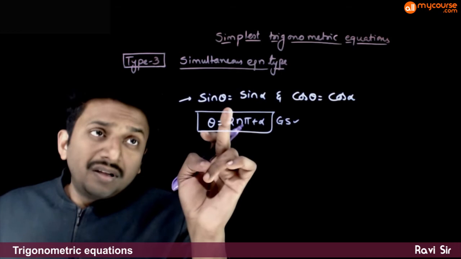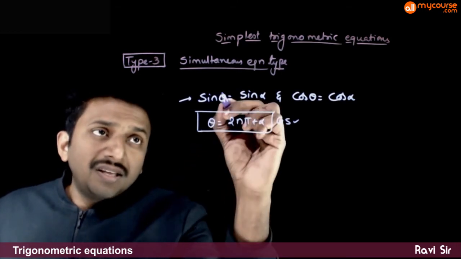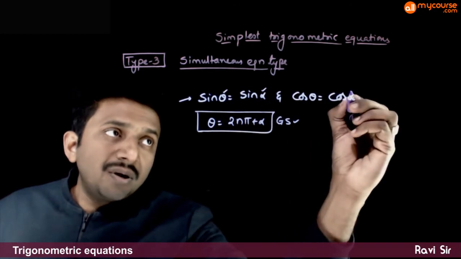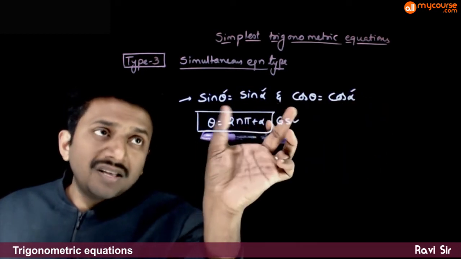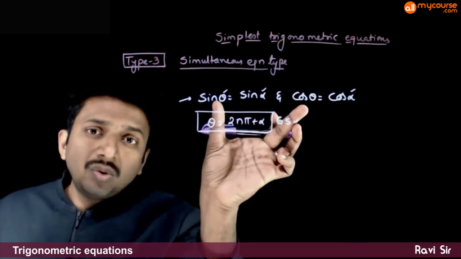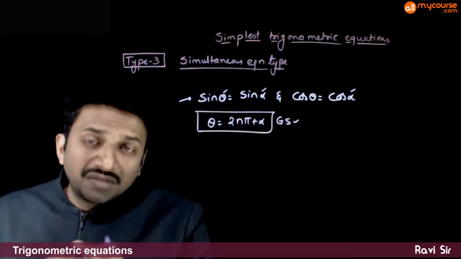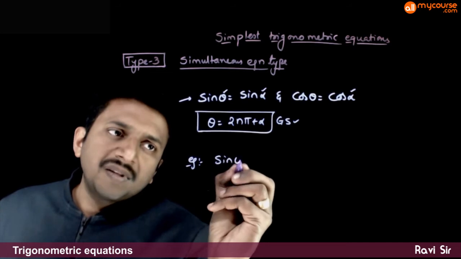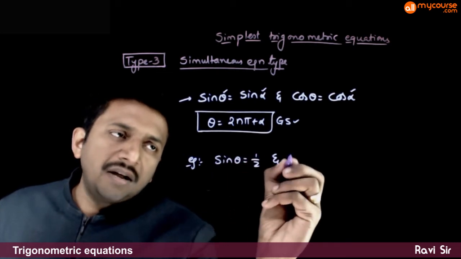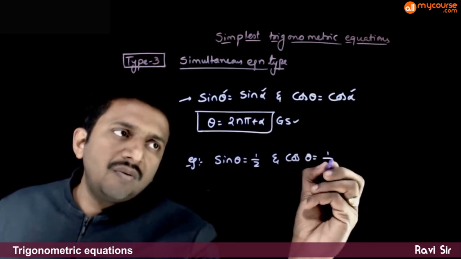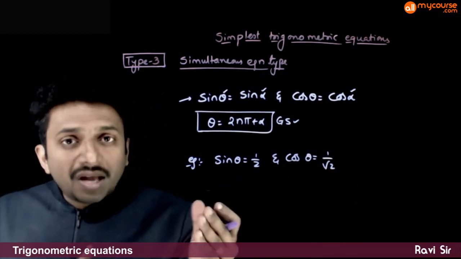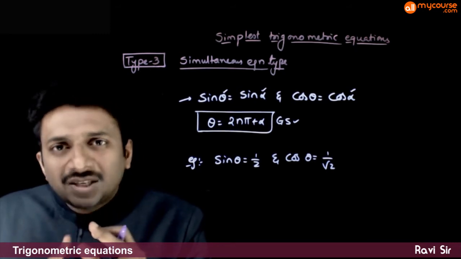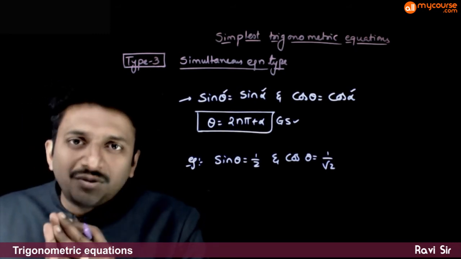Now you need to see this carefully. Sin theta is equal to sin alpha and cos theta is equal to cos of the same alpha. That means for the same value of alpha, these two equations have to be valid. We need to search for that value. For example, if you have sin theta is equal to half and cos theta is equal to 1 by root 2, you cannot have a solution for this, because when sin theta is equal to half, cos theta has to be equal to either plus root 3 by 2 or minus root 3 by 2.